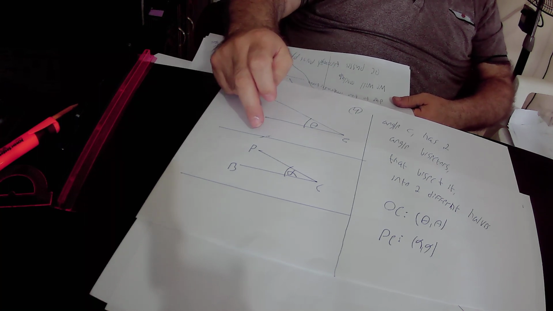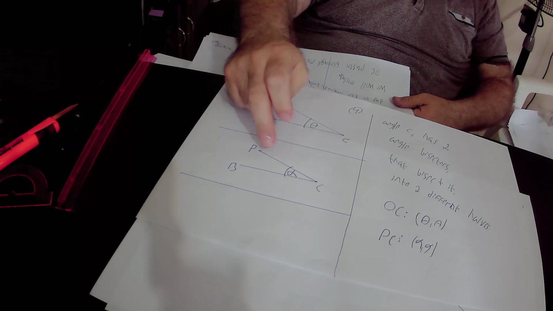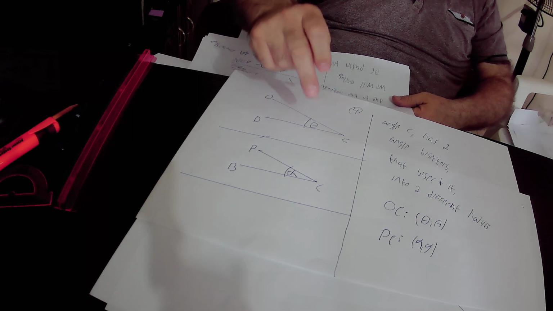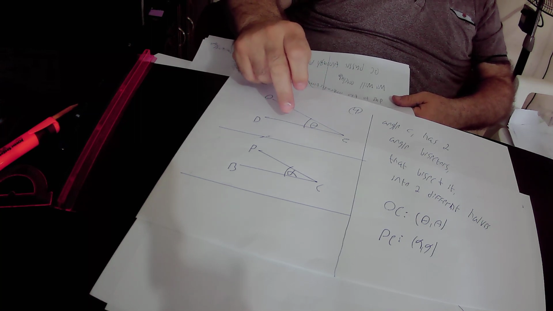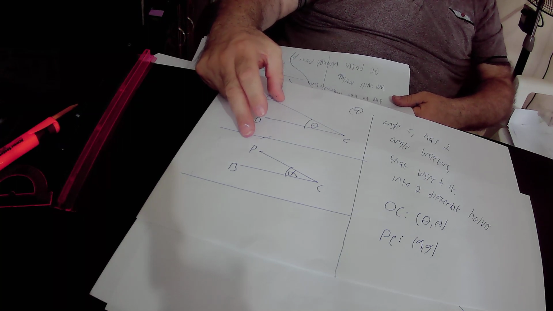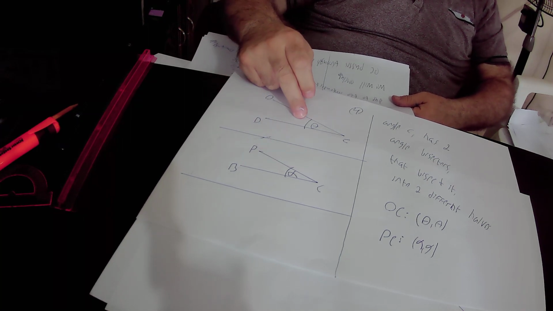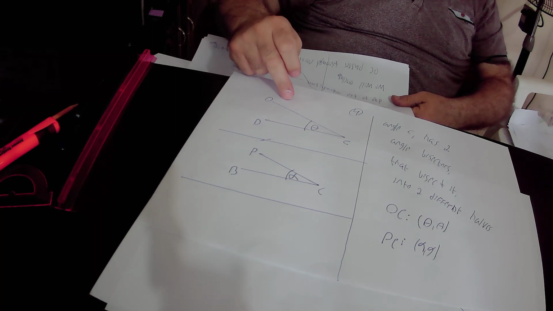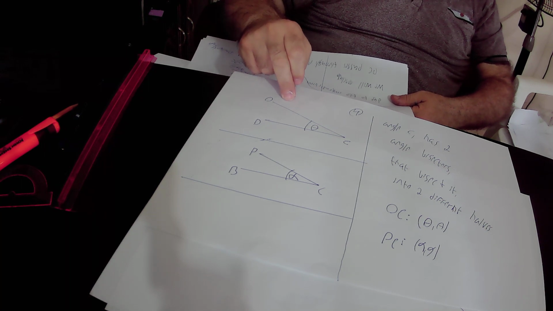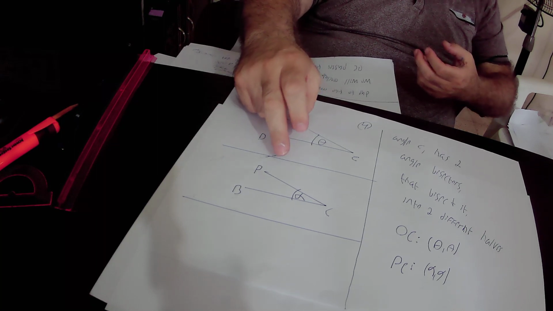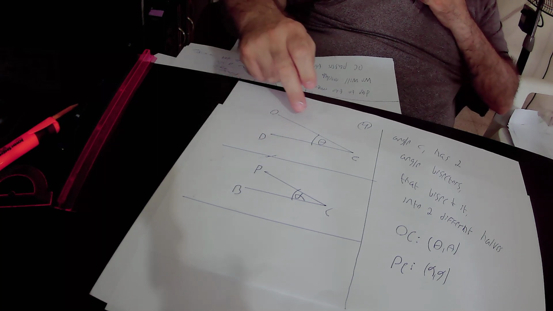So if we have one leg that is a common leg, that is BC and DC are a common leg because they are located on the same straight line, and the other leg is not located on the same straight line for both angles, it means that this angle can never be equal to the other angle, because we have one common leg and the other leg that is not located on the same straight line. So we have two different lines.